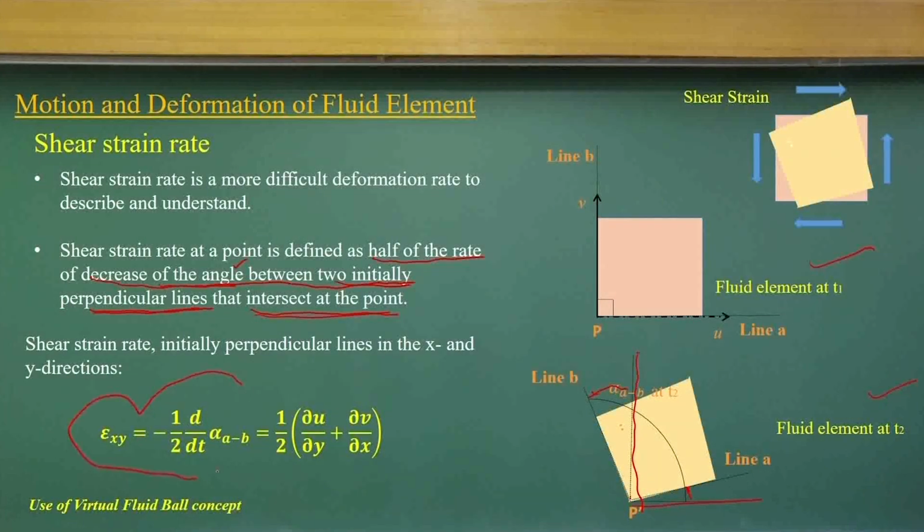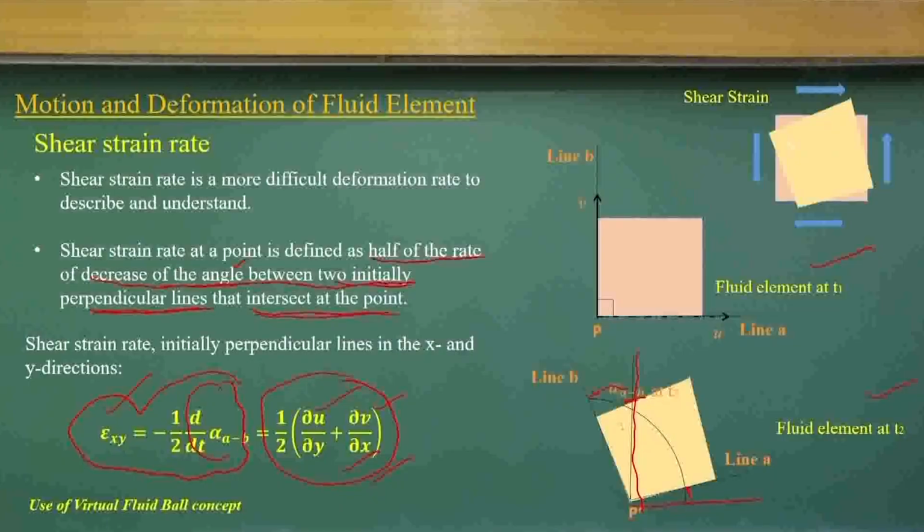Again, you can find the shear strain rate as half of the change in alpha minus beta, the angle between these two lines. You will find the shear strain rate is a function of u and v, the scalar velocity components, through their partial gradients.